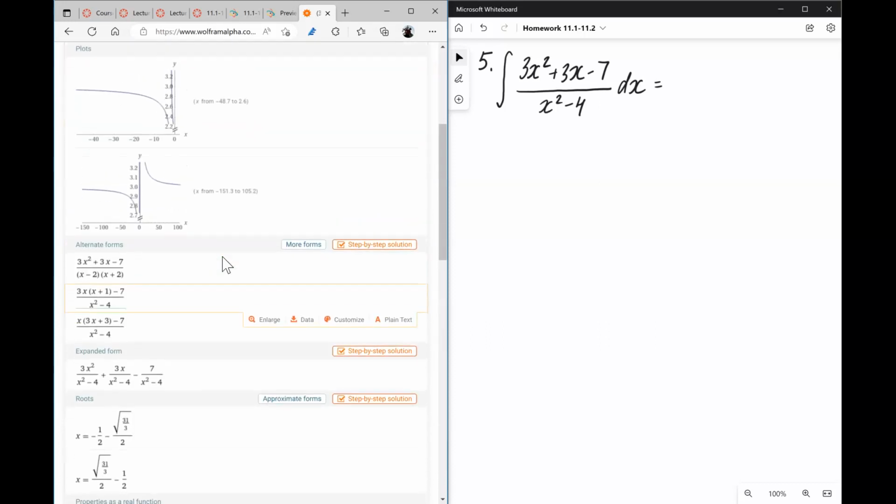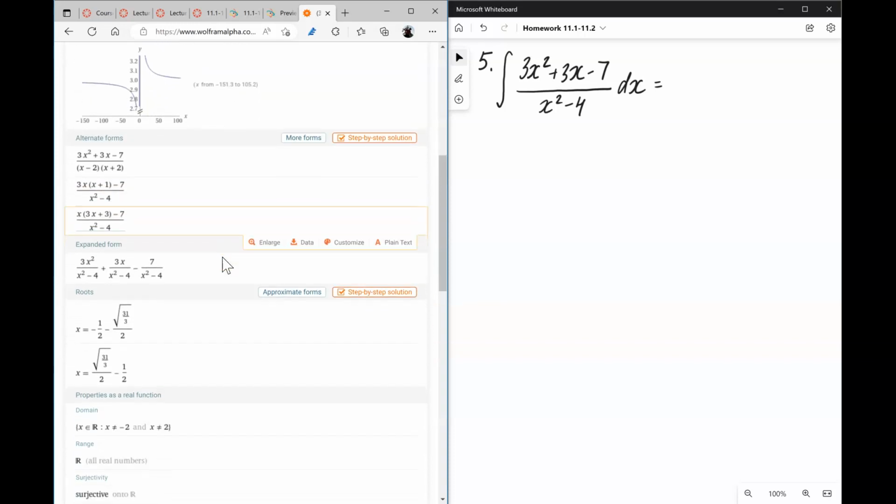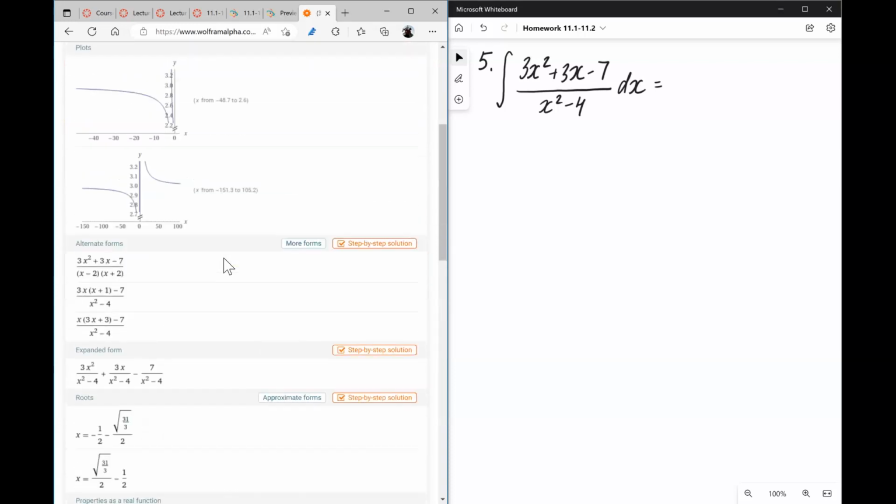So the quotient form here is, actually, it's interesting here.